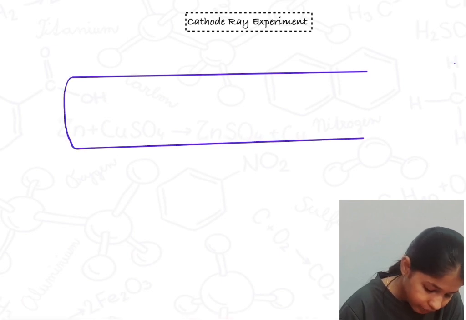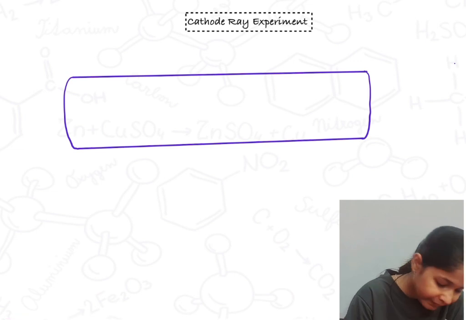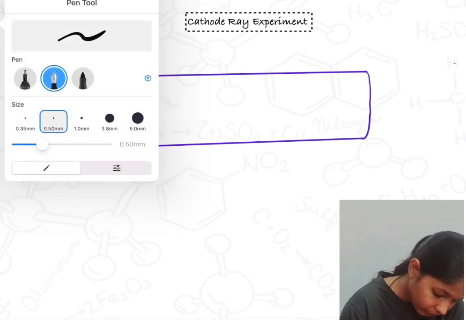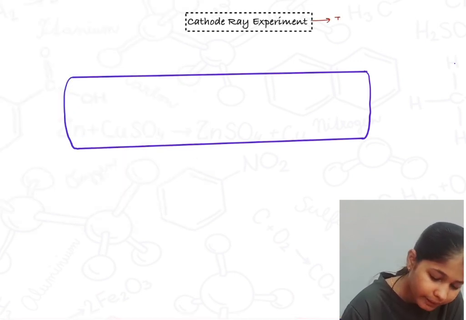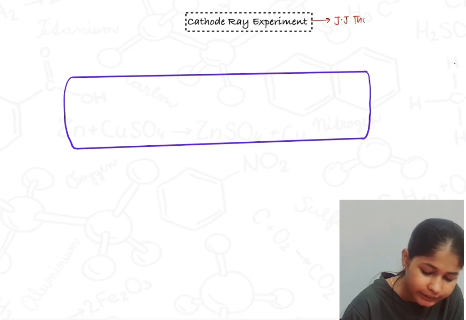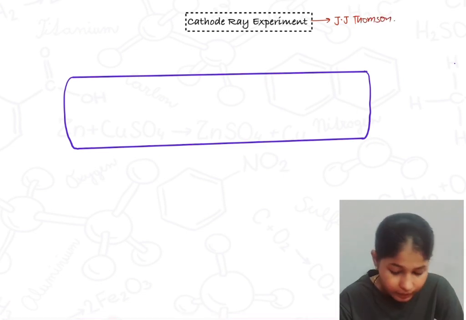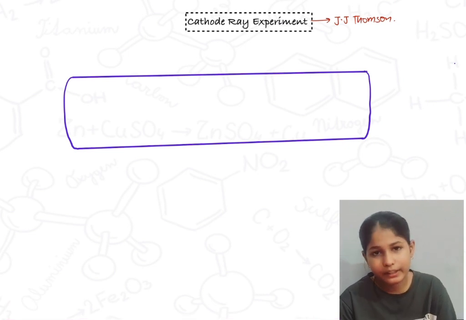So first of all, let me tell you that this cathode ray experiment was done by J.J. Thomson. You should learn it. And what was his setup? I am going to draw.